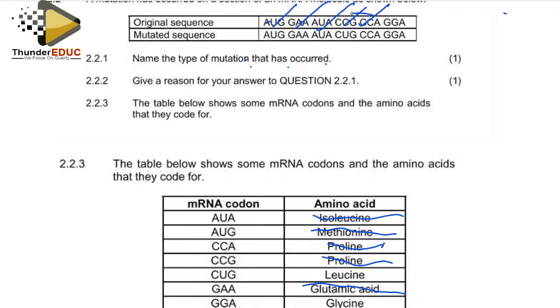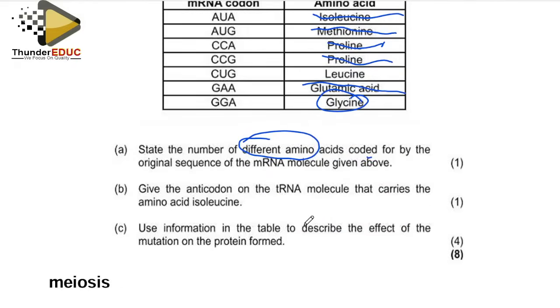So now this is counted as 1. GGA is glycine. So it's gonna be 1, 2, 3, this is counted as 1, 4, and then this is 5. So there are 5 of them. Yes, if you check there are 6, but because one code is for the same thing, and because of the word different, we don't repeat it. So there are 5 amino acids.